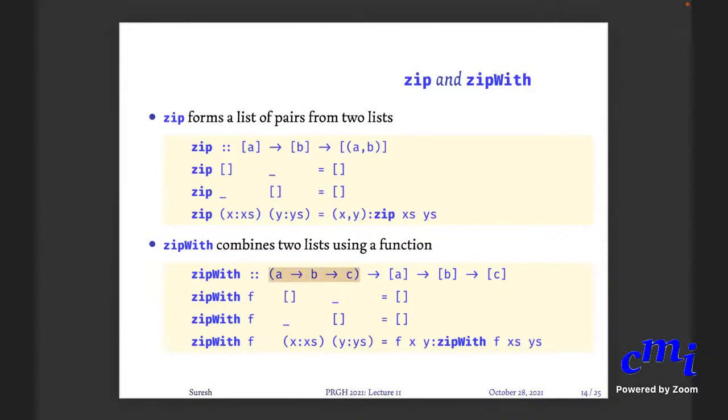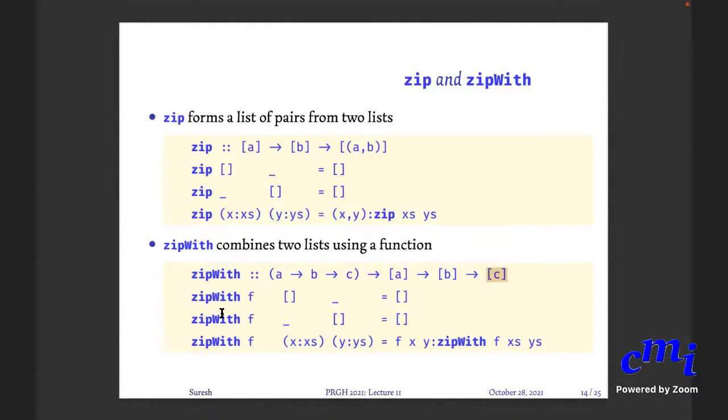Yes, sir. So instead of the comma function, we are using some general function f. Then you have a first list, which is list A, then list B. The output list will be list C, because you are applying f on each pair of corresponding elements in the first list and second list.